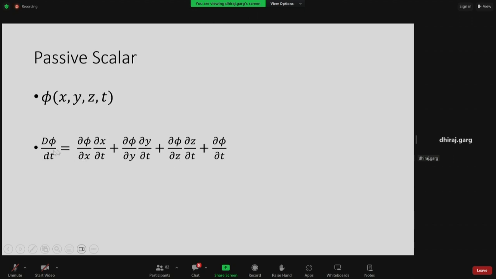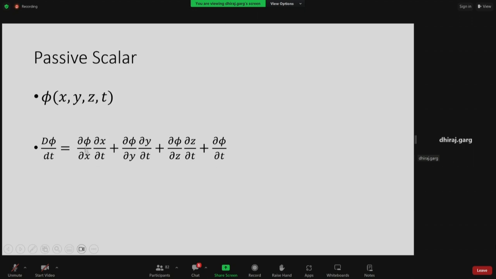So naturally you can see the total variation of phi with respect to time will have contributions from del phi by del x, that means as you are moving, the gradient in x, gradient in y, gradient in z, and in time.